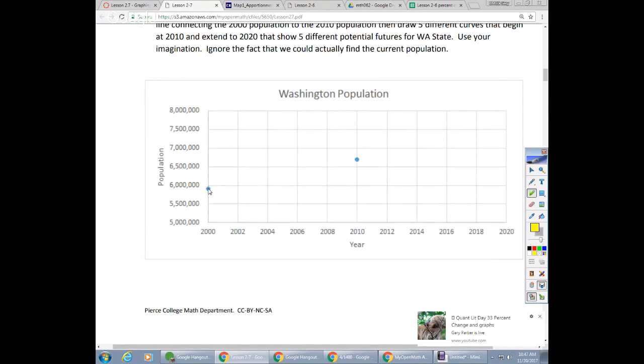So do you think the population went up nice and smooth from 2000 to 2010, or did it maybe jump around a little bit? Did it go up more some years than others? Okay. So what I want you to do is draw one possible way of how the population changed from 2000 to 2010 and then continue through 2020.